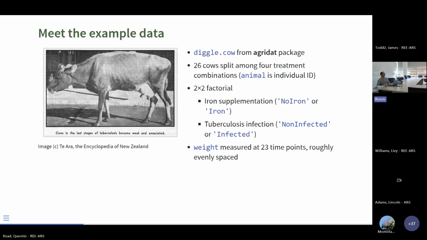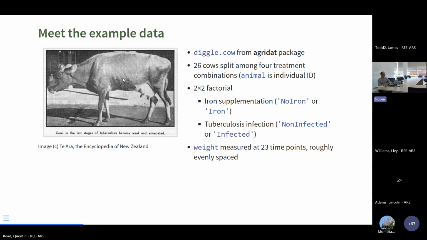So we're working with some nice, clean example data sets that are already all nice and neat. Actually, there are some missing values in this data set, but I believe from individuals that died, but we are going to just ignore that issue for today and not worry about it because it's only 1 or 2 missing values. So this data set is called Diggle Cow, and it is dealing with bovine tuberculosis.